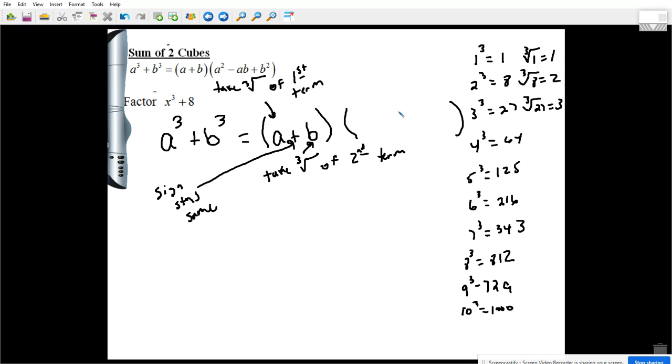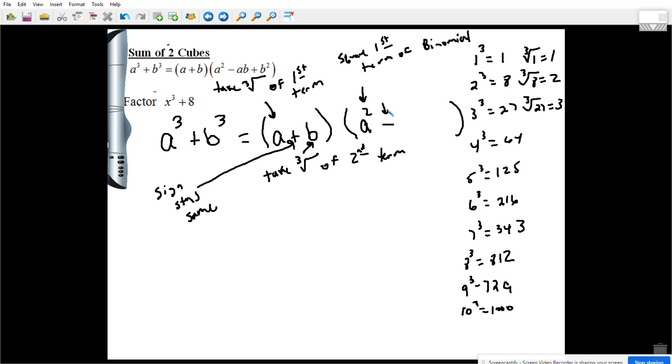The trinomial we get from everything from the first binomial that I just created. So we're going to take a squared. We square the first term of the binomial. This is me just spelling it out so you know where I'm getting these from.